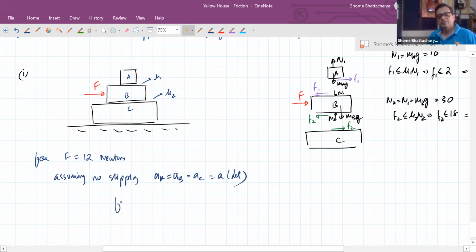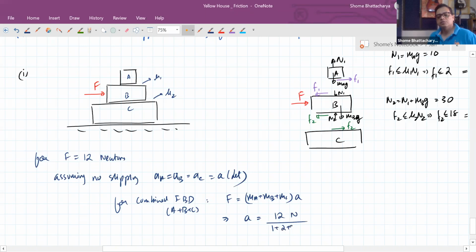So for the combined free body diagram of A plus B plus C, we'll get this. So the acceleration will come out to be the force, which is 12 newtons, divided by the combined mass, which is 1 plus 2 plus 3 kilograms. So we'll get an acceleration of 2 meters per second square.